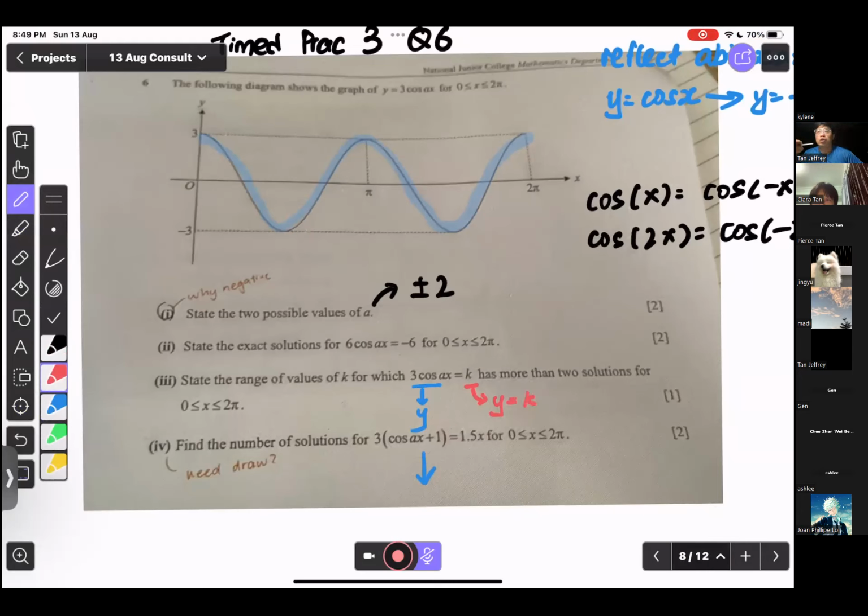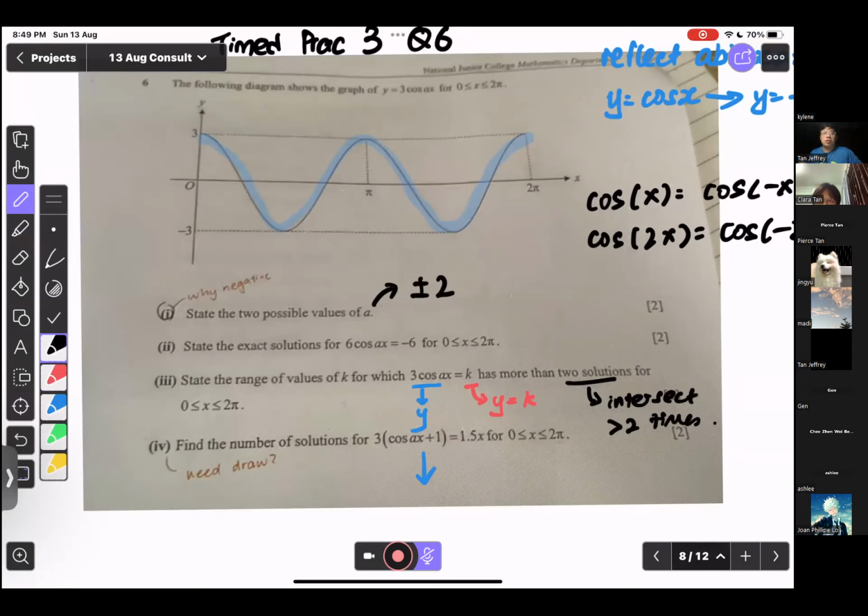What kind of line does it look like? It's a horizontal line. For it to have more than 2 solutions, they must intersect more than 2 times, right? Does it sound fair? Yep.